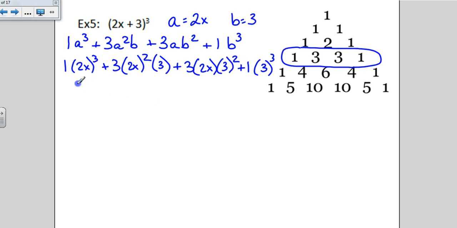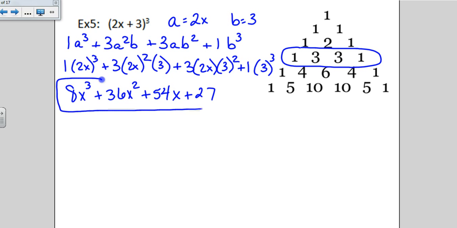So when I simplify that, I end up with 8x to the third. Let's see here. 2 squared is 4. 4 times 3 gives me a 36x squared. Let's see. 3 squared is 9, times another 6 is plus 54x. And then 3 to the third power is a plus 27 on the end.